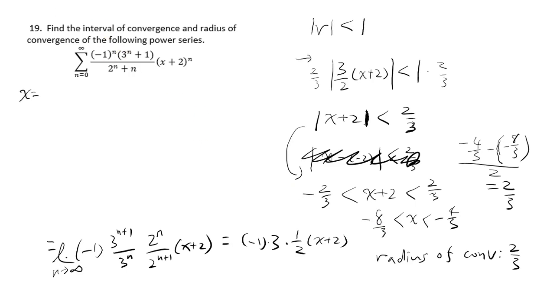First, when x is equal to negative 4/3, that's going to be the sum from n equals 0 to infinity of negative 1 to the nth power, 3 to the n plus 1 over 2 to the n plus n. And when x is negative 4/3, x plus 2 will be 6 over 3 minus 4/3, so that's 2 over 3 to the nth power.